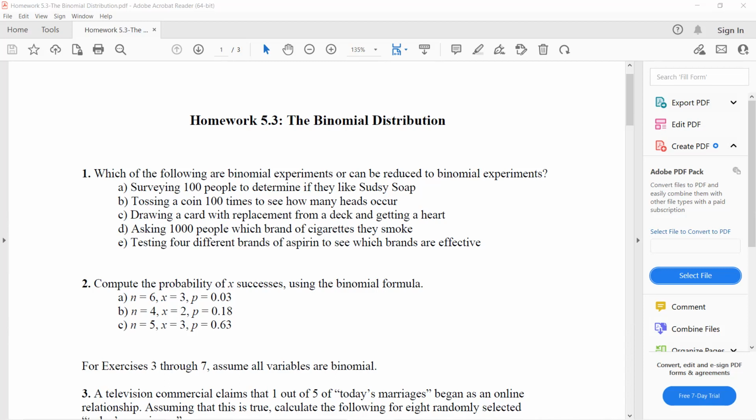Then the complement of 0.63 is going to be 0.27, and 5 minus 3 is 2, so this is going to be second power. We agree?